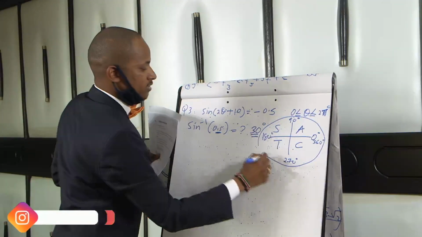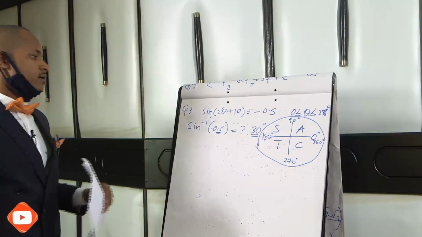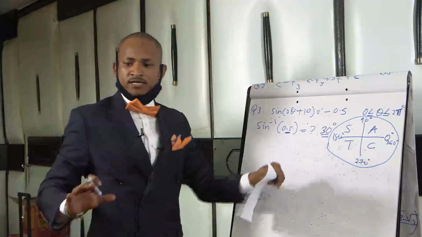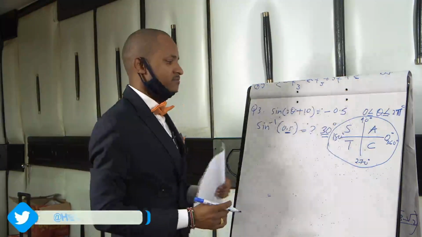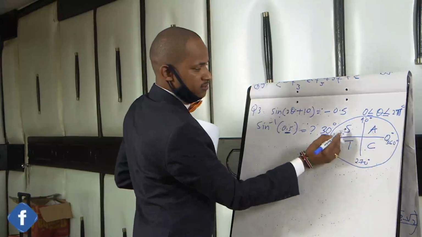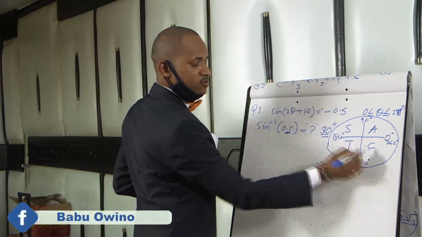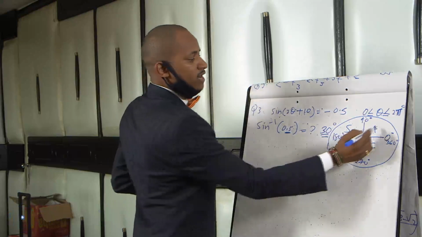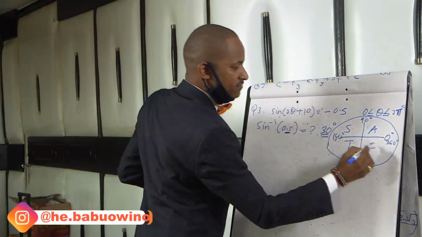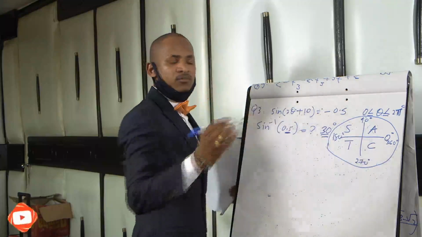So this quadrant circle, we want to find all the quadrants where the sine is negative. So in quadrant number 1, this is all angles. This one is sine, this is tangent, this is cosine. So all trigonometric functions in the first quadrant are positive.